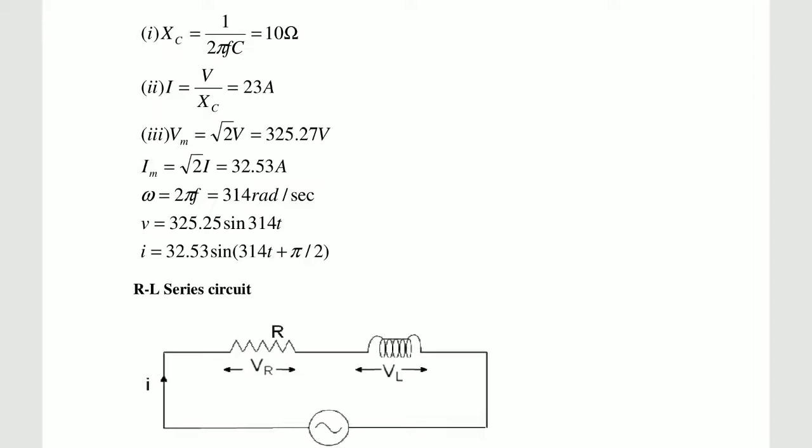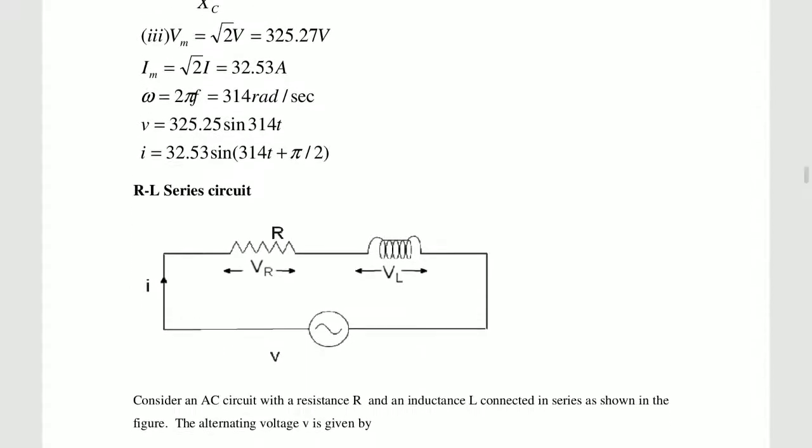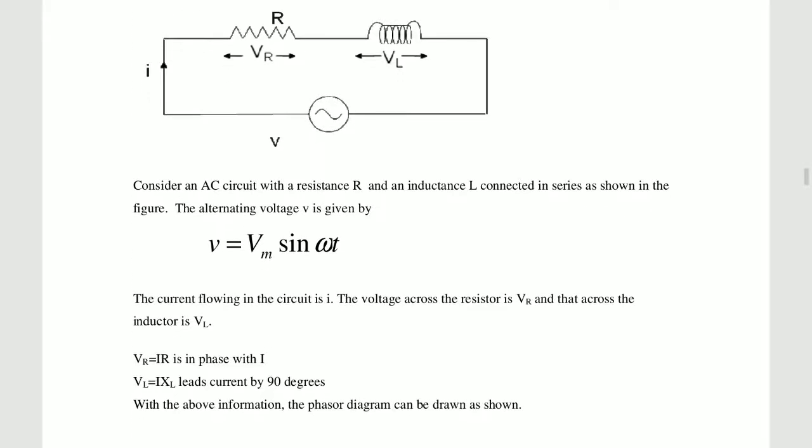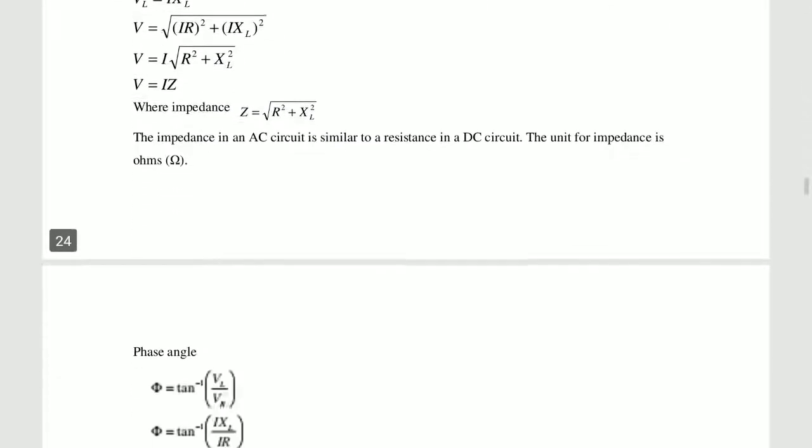R and L are connected in series, and this series circuit is connected to the supply. How the voltage, current and power will vary in these circuits we can discuss later. This is the basic RL series circuit, and the next one is the RC circuit.